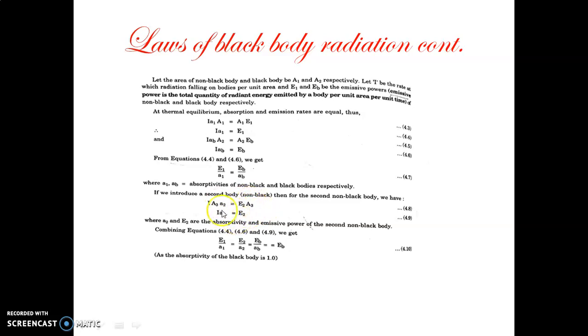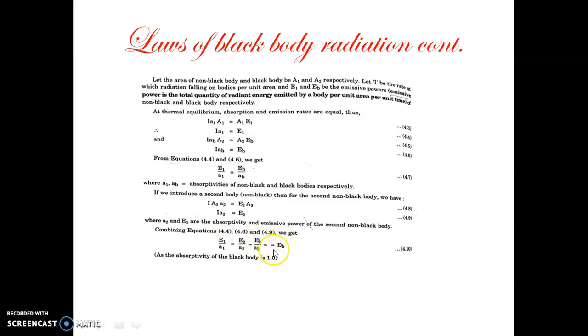So again we cancel A3 and we can write I A2 is equal to E2. This is equation number 4.9. Then combining equations 4.4, 4.6 and 4.9, we get E1 upon A1 is equal to E2 upon A2 is equal to EB upon AB, and all this is equal to EB.